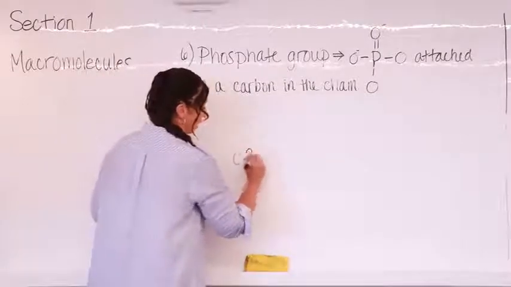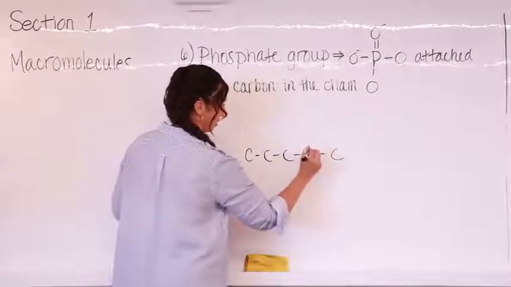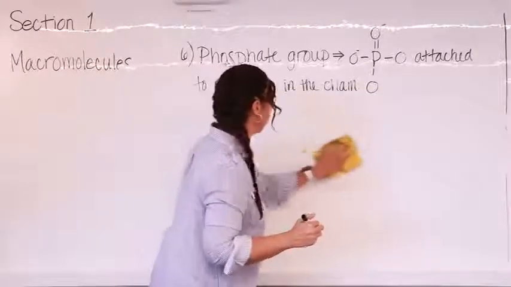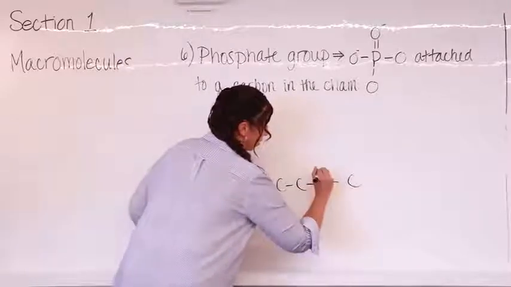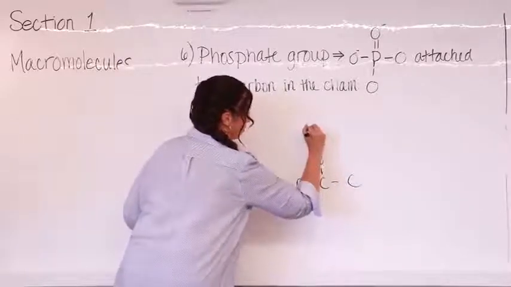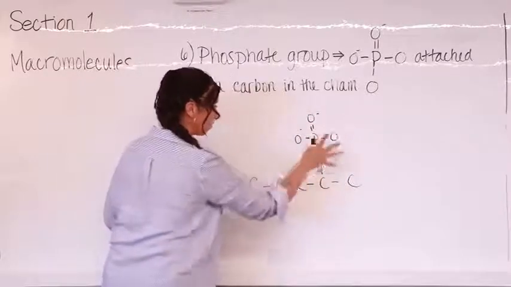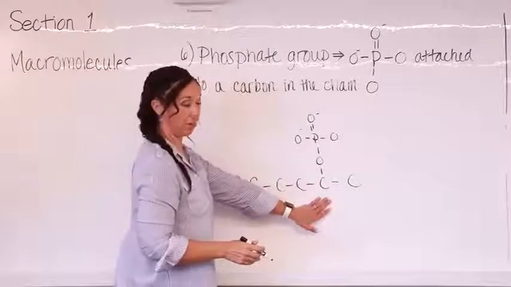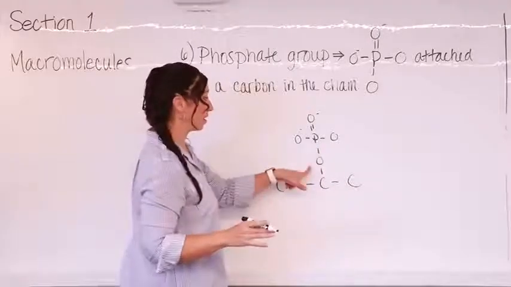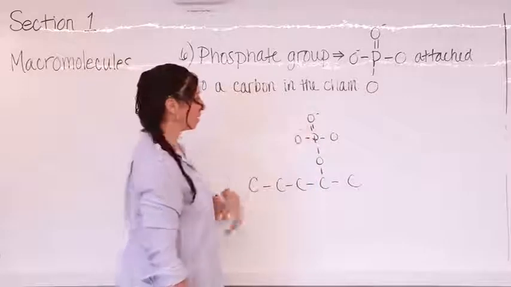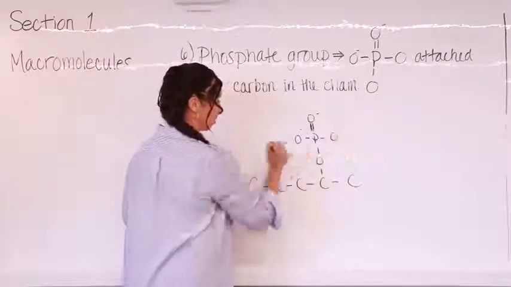But if you're looking at a typical carbon chain, you would see, make sure I draw a little lower so I can make room for that phosphate group. This big old phosphate group is going to be attached to a carbon, but it is always attached through one of the oxygens, not the double bond oxygen. And honestly, this double bond can also travel around here as well.